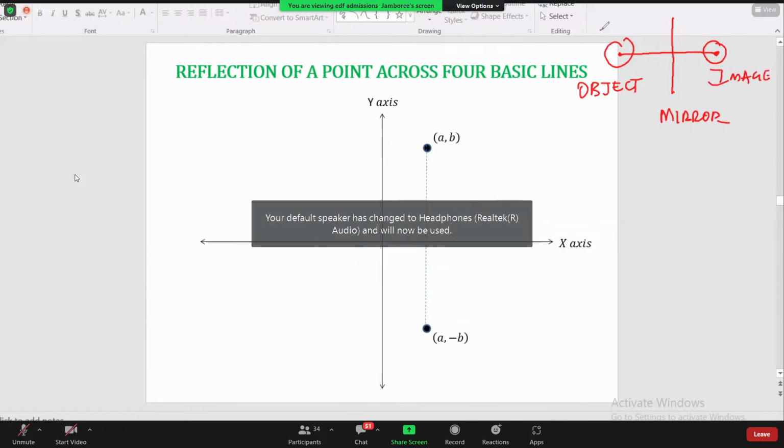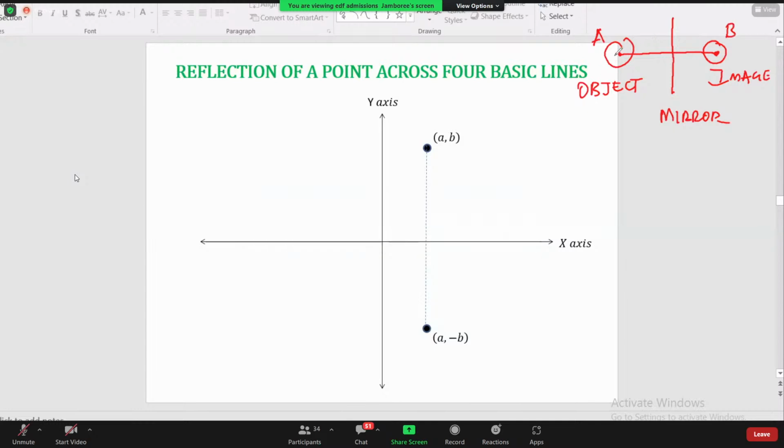If I name this point as A and this point as B, then I can also say that B will be bang opposite to A and it will make an angle of 90 degrees with the mirror. Or you can say that the mirror will act as the perpendicular bisector of the line segment AB.